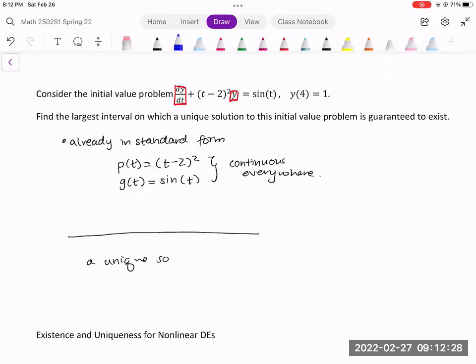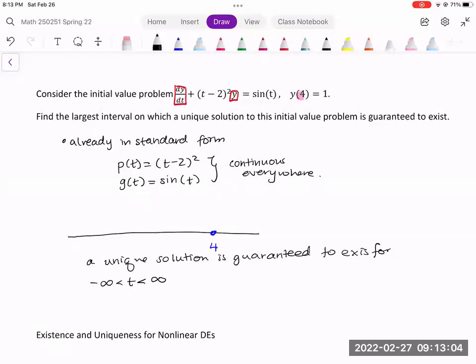Let's draw in this dot for our initial condition, which was 4. It's that time. But there's only one interval. So a unique solution is guaranteed to exist for all times, so for t between negative infinity and infinity.